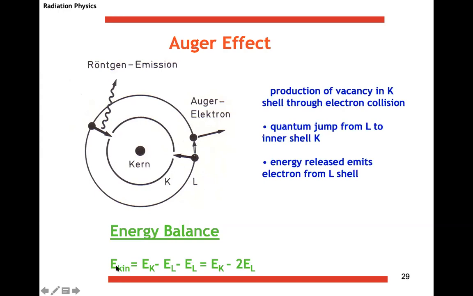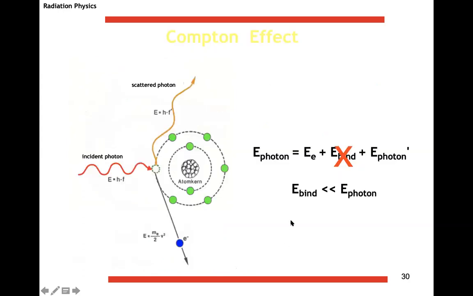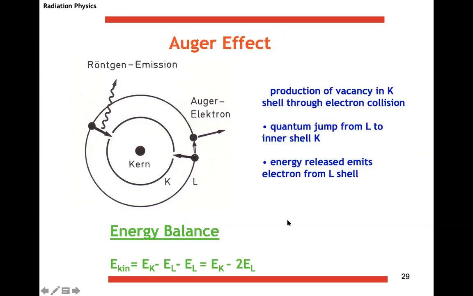The kinetic energy now will be the kinetic energy of the first process minus EL, so it's EK minus 2EL. And we will come back again to the Auger electrons when we will see the balance of the photoelectric effect and Auger effect, the photon yield as it is called.